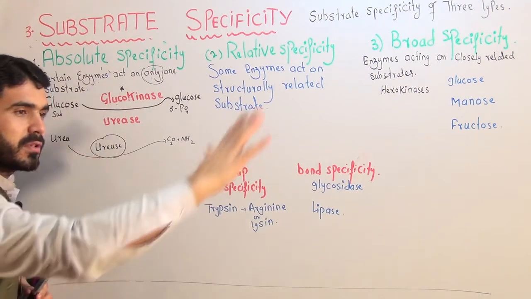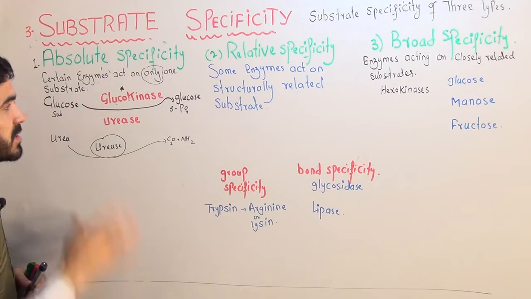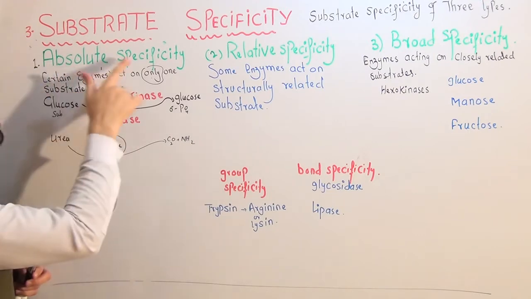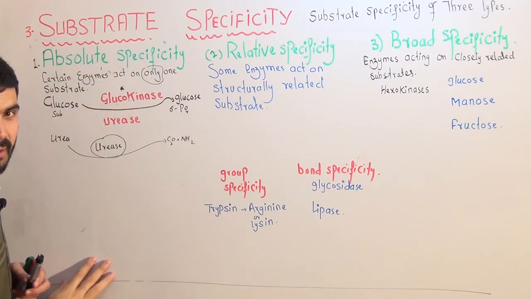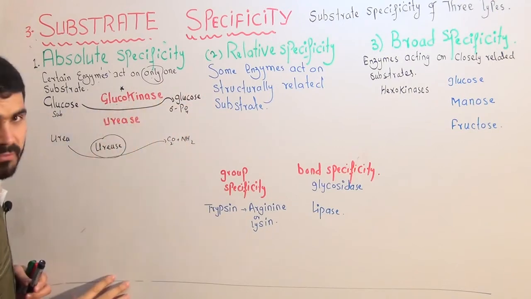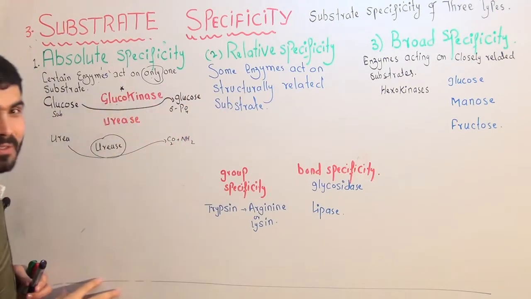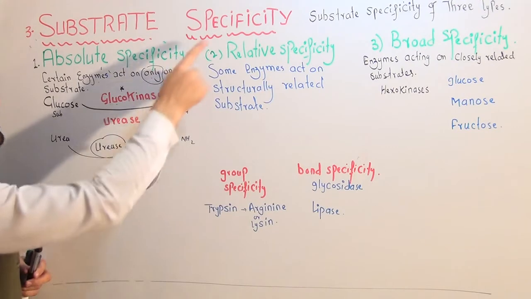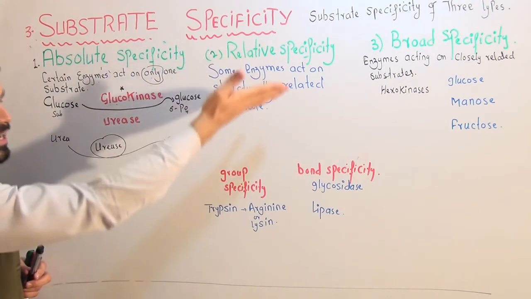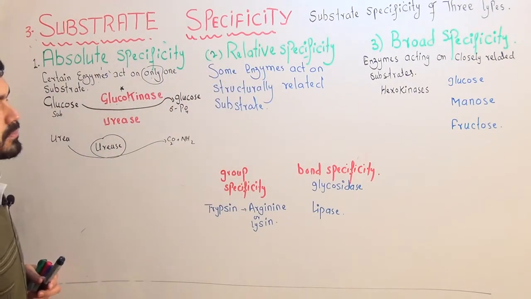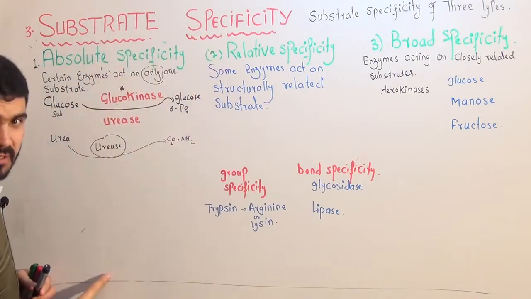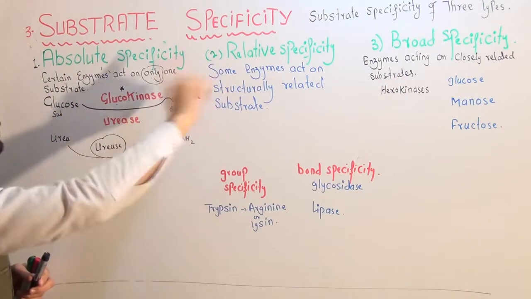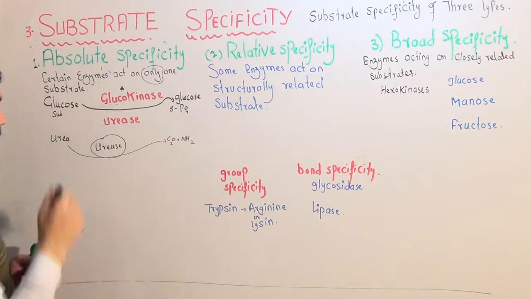There are thousands of enzymes, among which some enzymes are absolutely specific, but other enzymes are relative specific. Other enzymes are broad specific. Okay, now come to the second category of substrate specificity. In all of these three types, the discussion will be on the substrate.